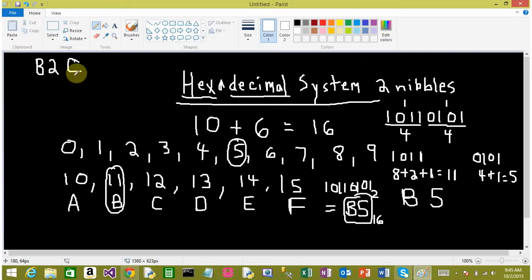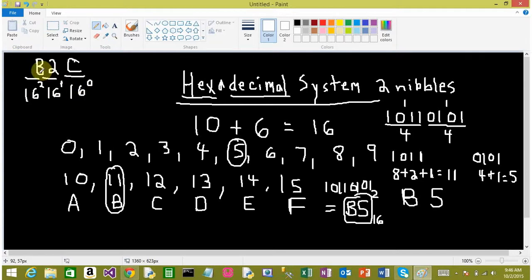So if we look at our places here, we have 16 to the 0 power, or just 1, 16 to the first power, that's 16, and 16 to the second power, that is 16 times 16 is 256. So you can see the numbers are going to increase very fast once you proceed further to the left, and so on.